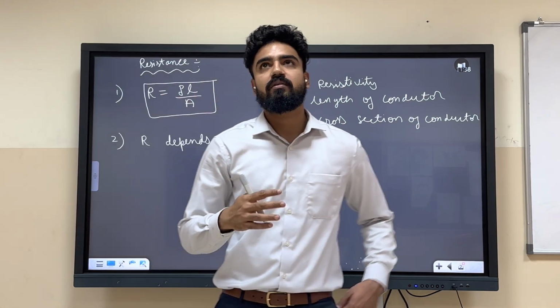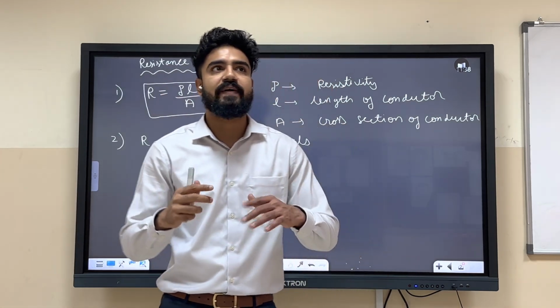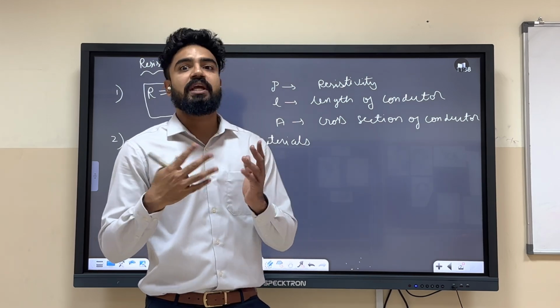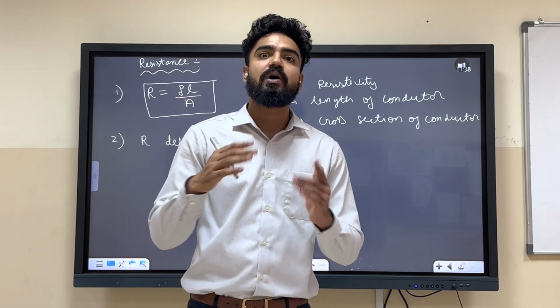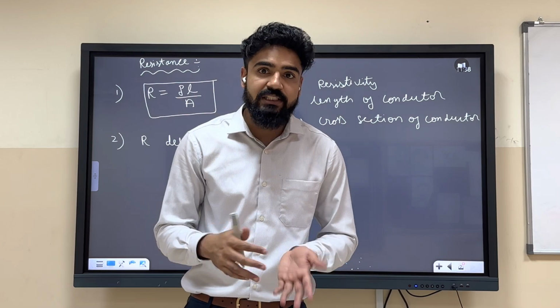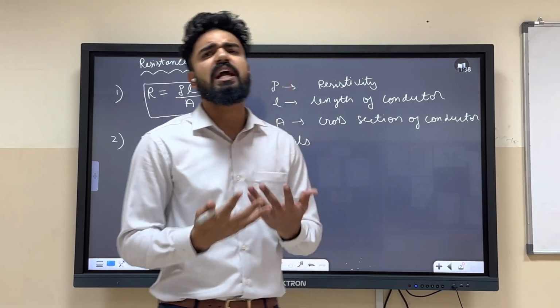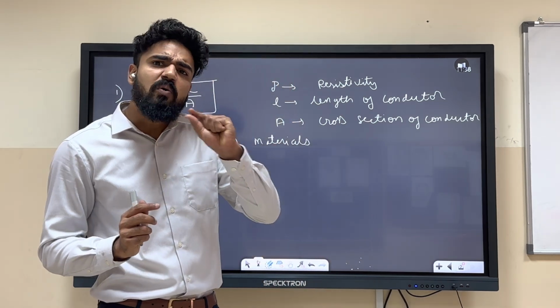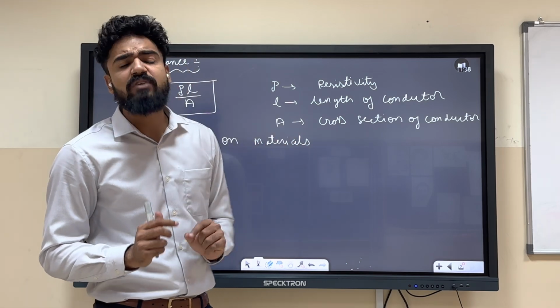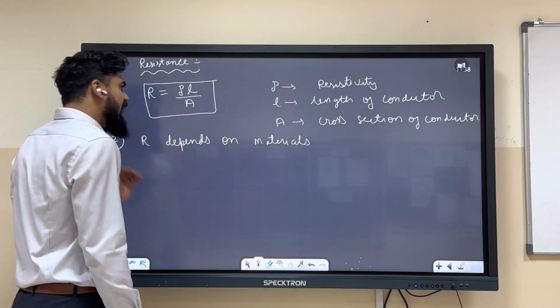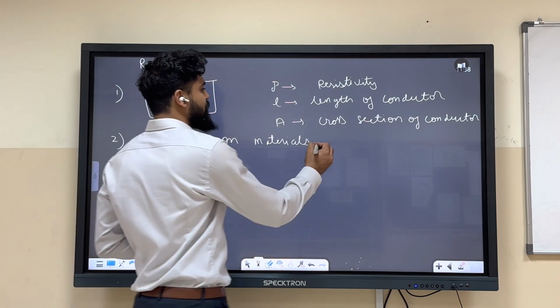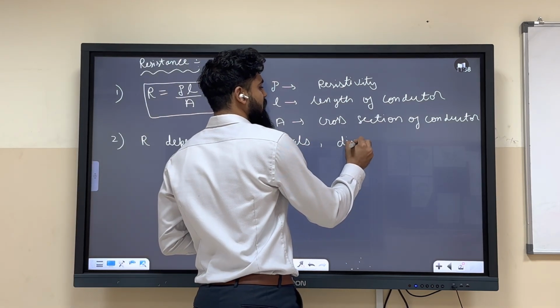On dimensions, what is the length of the conductor, whether it is twice, thrice, what is the area or radius, is it 5 times, 6 times, how thick or how thin the wire is.